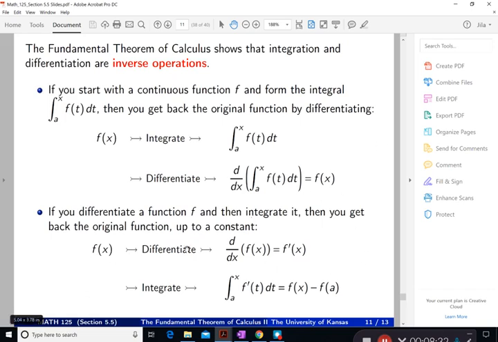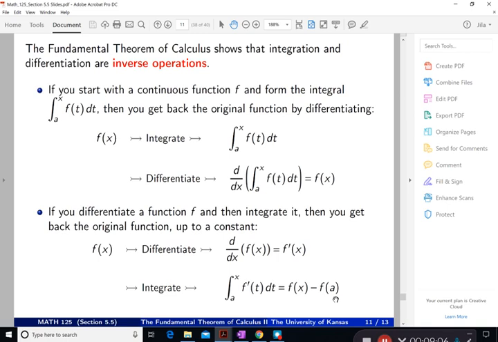Now, if you differentiate f of x, you get f prime of x. If you integrate the derivative, then you end up with f of x minus f of a. That process was going this way and then coming back to f of x. In this process, if you differentiate first and integrate, you may end up with an f of a, that is the difference in there.